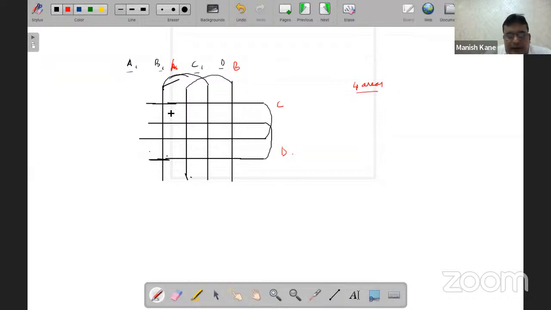I'll name these areas as A, B, C, D, E, F, G, H, I, J, K, L, M, N, O. Correct? We have these names for each of the areas. And can you tell me the region which is common to all the 4 sets? Anyone? Atharva, Prachi, Pranati? And Palak, anyone?